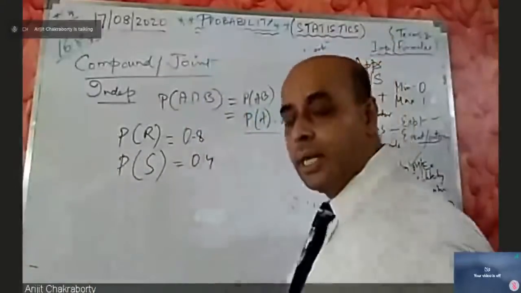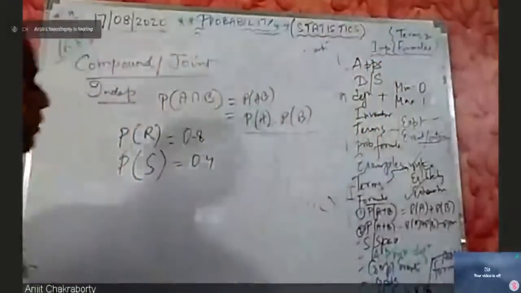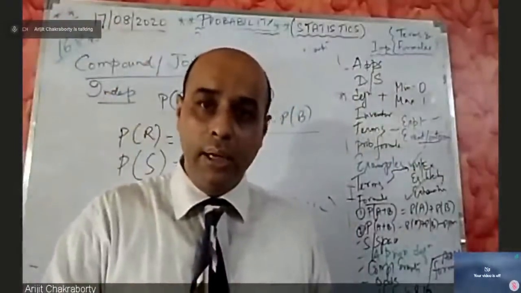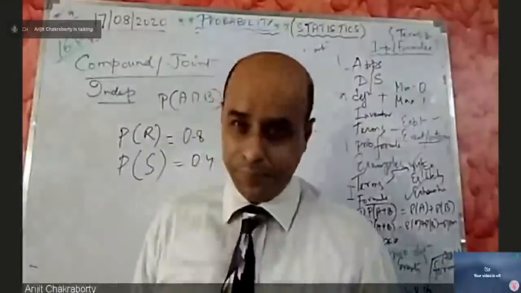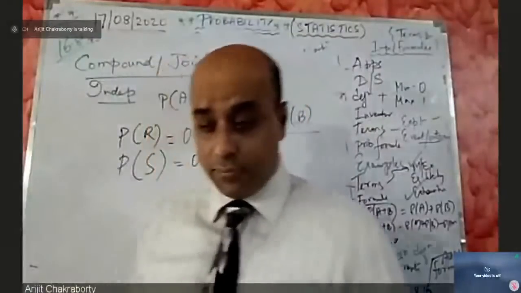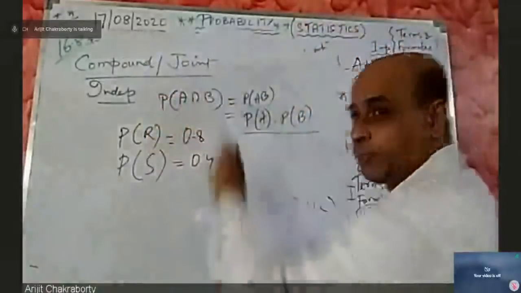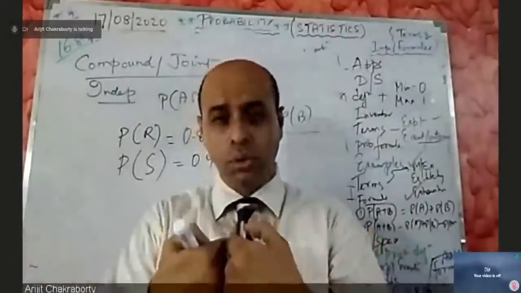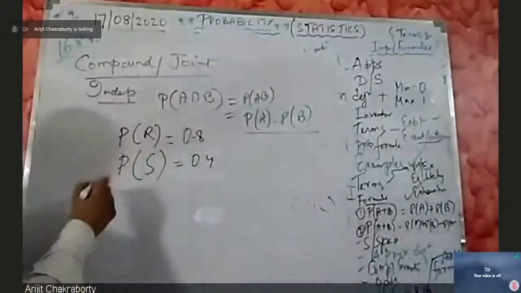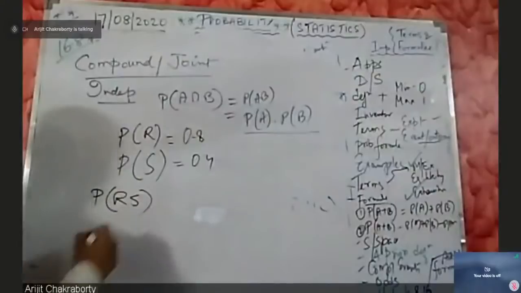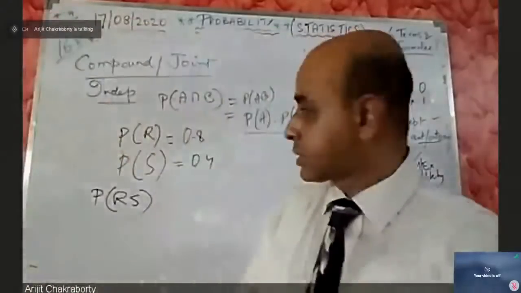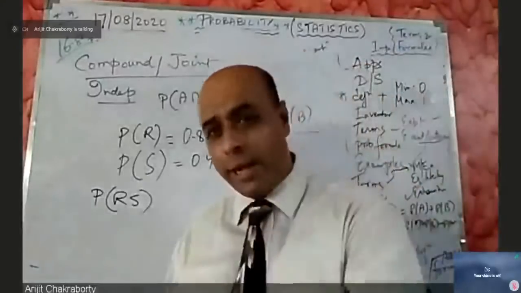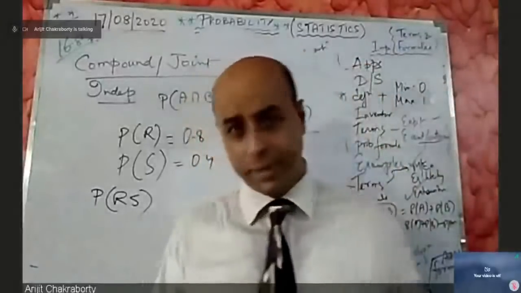In this case, if I ask you what is the probability that it will rain and you will study, that means I'm asking for the joint probability, compounding, bringing together two events. That means I want to know P(RS), the probability that it is going to rain and you will study in the evening.